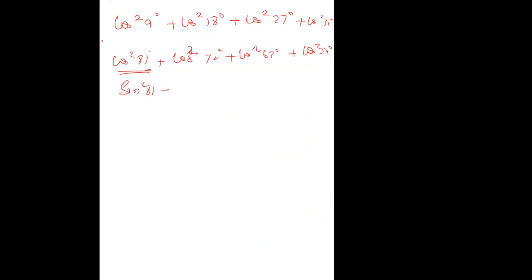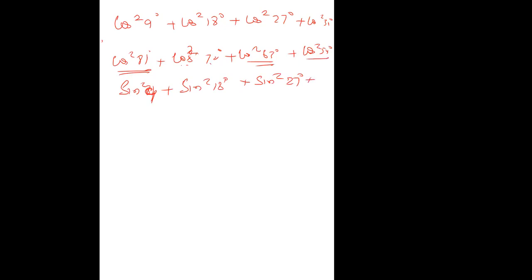cos square 9 degree, cos square 18 degree, cos square 27 degree, cos square 36 degree. I leave 45 aside, I'll write it separately. cos square 54 degree, cos square 63 degree, cos square 72 degree, cos square 81 degree. See, cos square 81 is the same as sin square 9 degree. cos square 72 is the same as sin square 18 degree. cos square 63 is the same as sin square 27 degree.